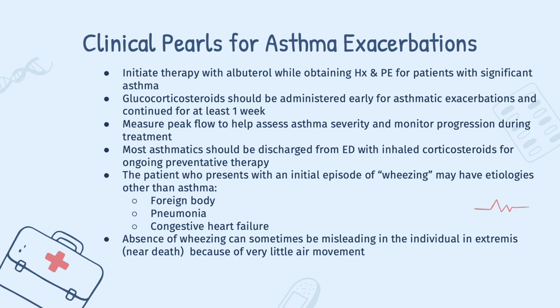Most asthmatics should be discharged from the ED with an inhaled corticosteroid to prevent more exacerbations from occurring. And then consider that patients who present with wheezing may have other etiologies such as foreign body, pneumonia, congestive heart failure, and really the big one, which should be the star highlight: the young female who has just started birth control pills, who is wheezing, and it's just assumed, even if she has a history of asthma, that she's having an exacerbation.